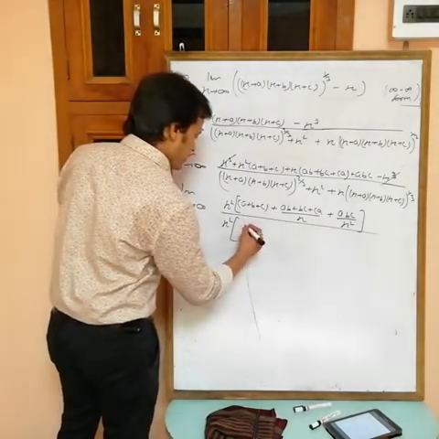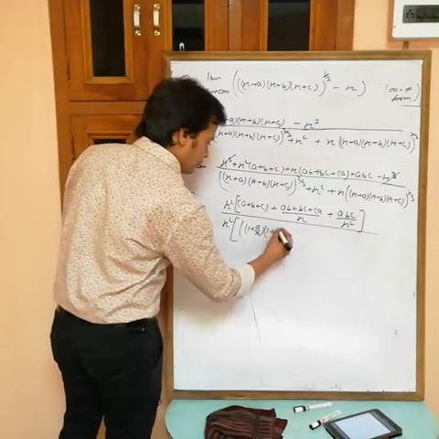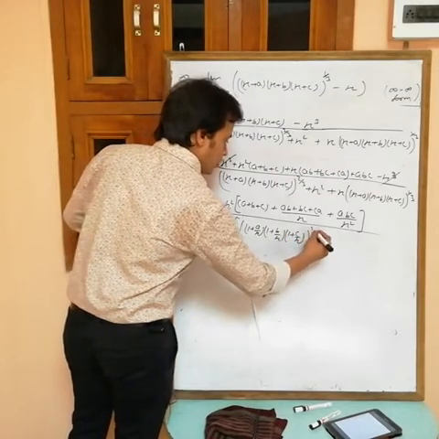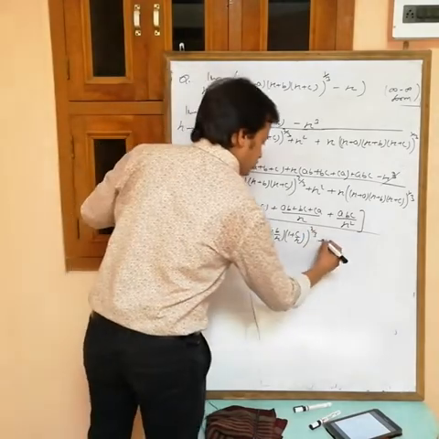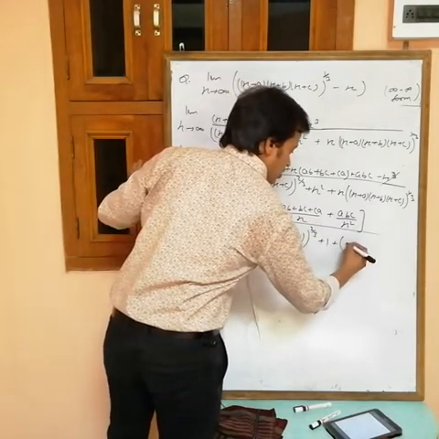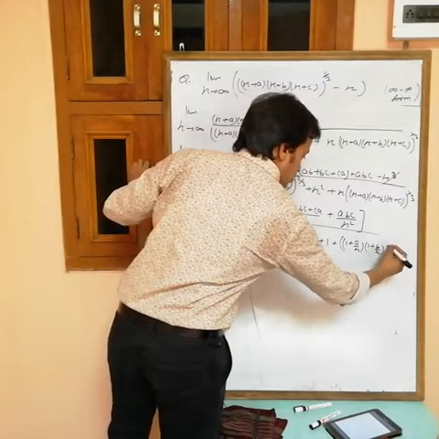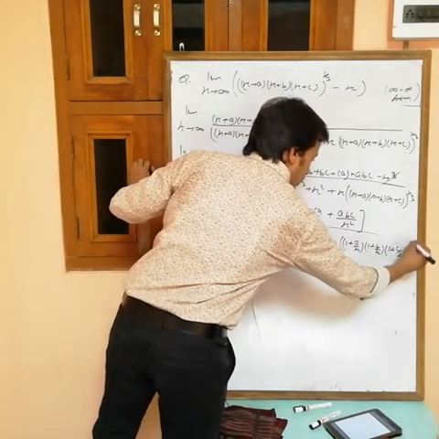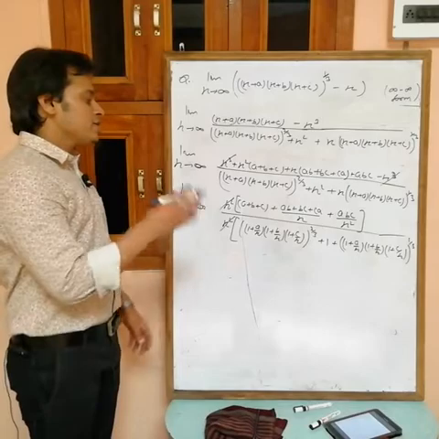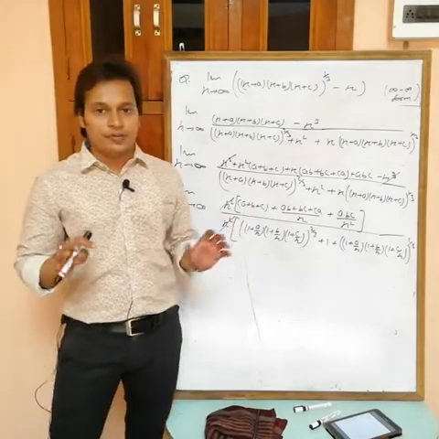So here we are getting 1 plus a by x, 1 plus b by x, 1 plus c by x whole power 2 by 3, and from this one also, 1 plus a by x, 1 plus b by x, 1 plus c by x power 1 by 3. Okay, now x square cancels out. Now put x equals to 0, sorry, infinity. Now in the x terms we have x only in the denominator.